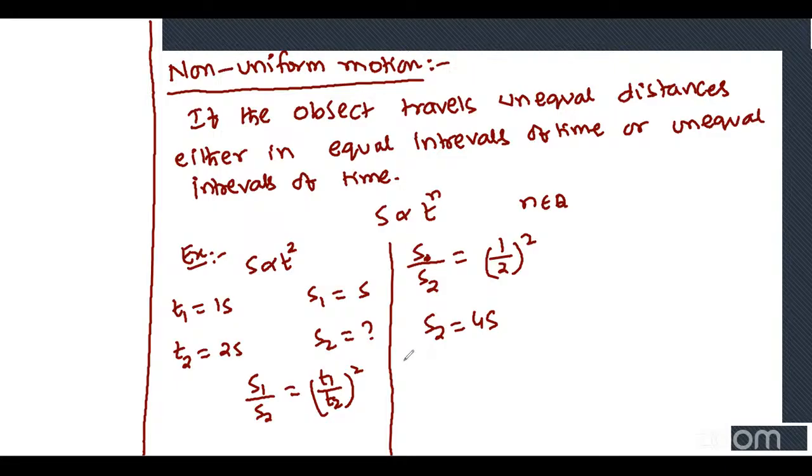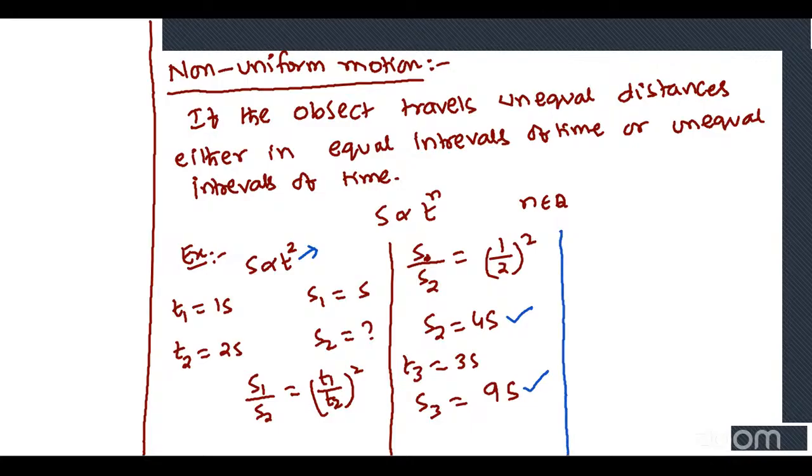Suppose if time equal to 3 seconds, that is time is increased by 3 times, distance will be 9s, right? So 4s and 9s depends upon the t square. It depends upon the given equation.